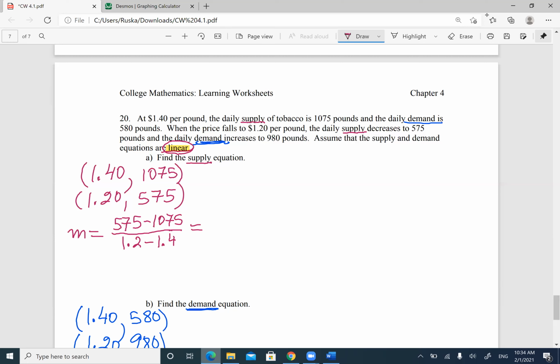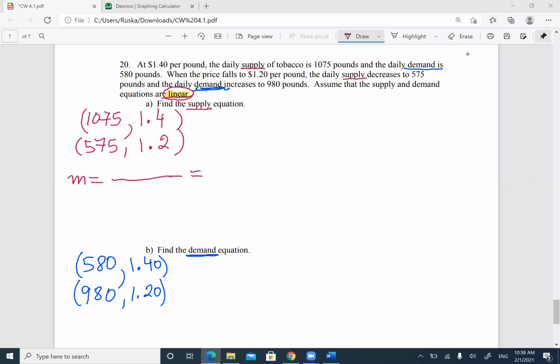Okay. Yes, that's the formula. So it's gonna be 1.2 minus 1.4 over 575 minus 1,075.